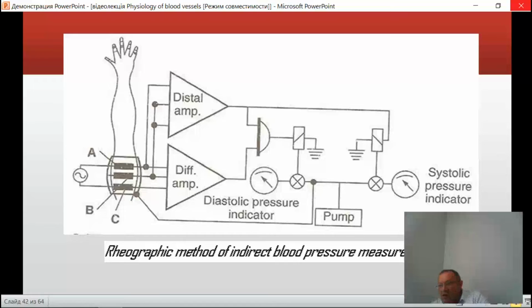On the scheme you can see a rheographic method of indirect blood pressure measurement. This scheme registers the difference type method through the apparatus. The amplitude of the electrical pulse is checked between different points.